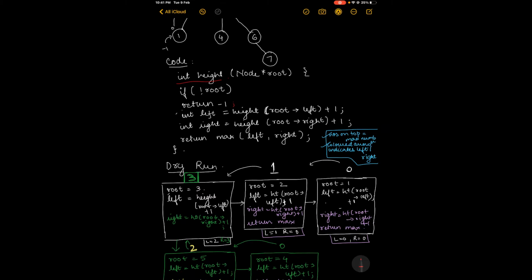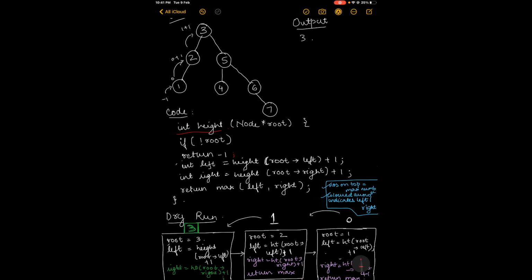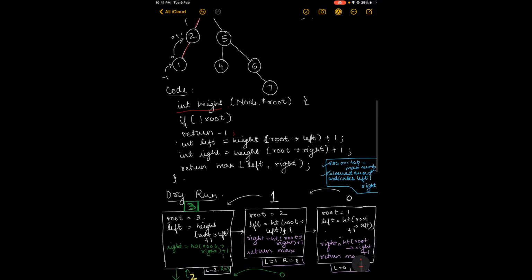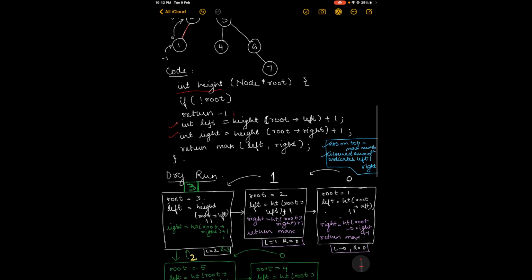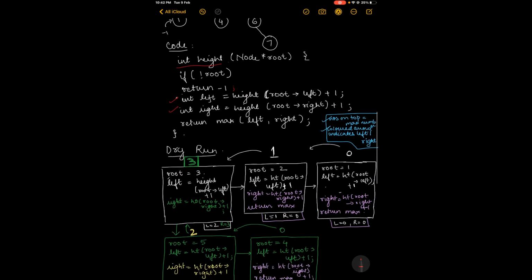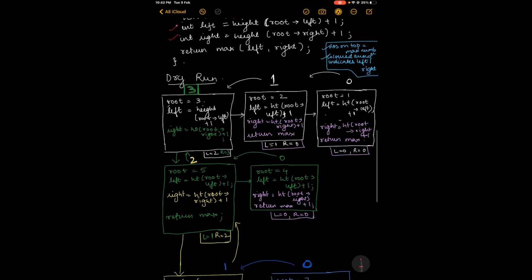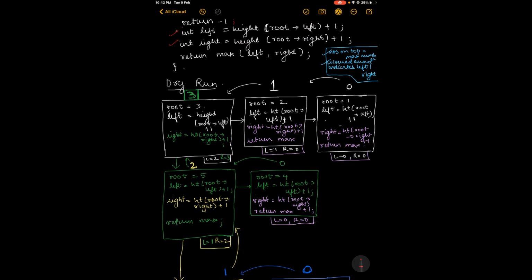Left will store the height returned from the left children, and similarly the height returned from the right part will be stored in int right. Once these two variables are ready, we find the maximum of both left and right. I hope this code was clear, and let's now dry run this.